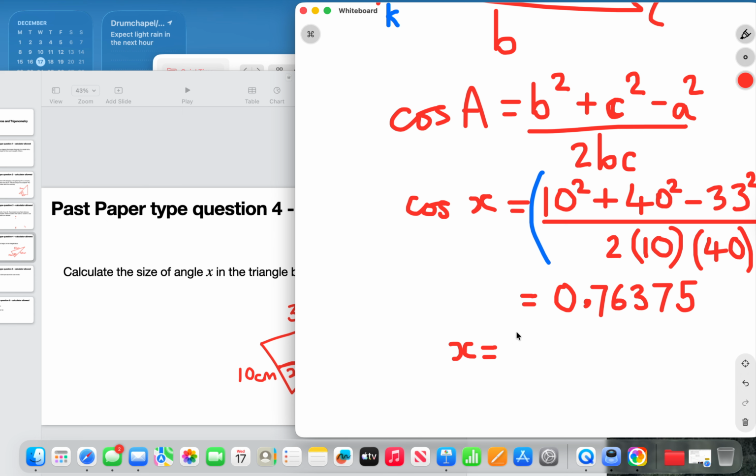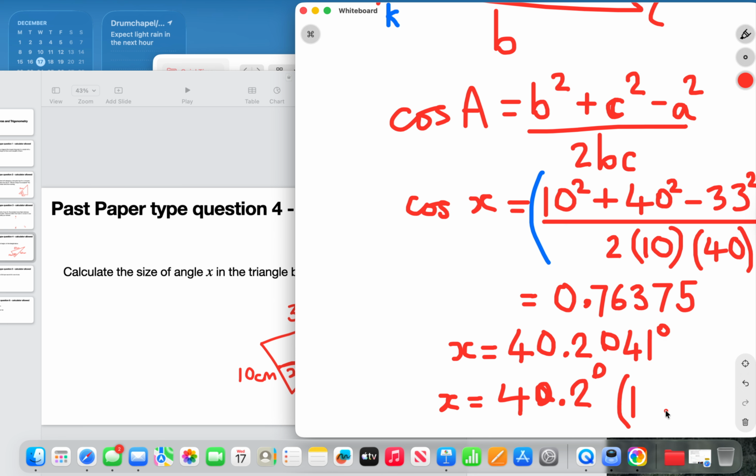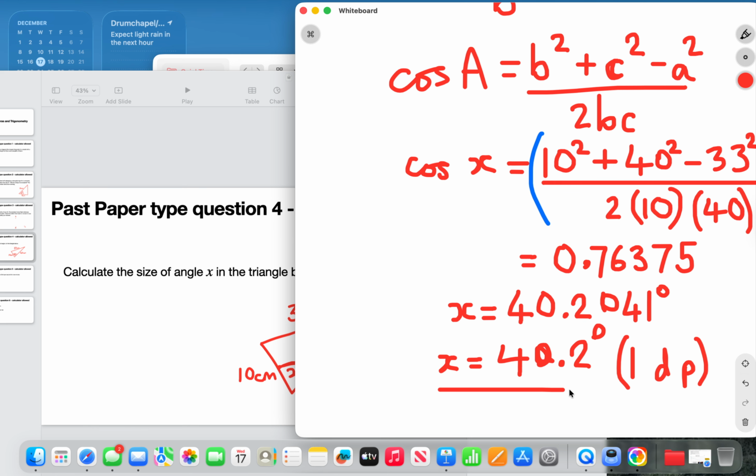And the answer that we get is going to be 40.2041 degrees, but we'll round it to 1 decimal place, and that's then 40.2, and that would be us done. So we get 40.2 degrees.